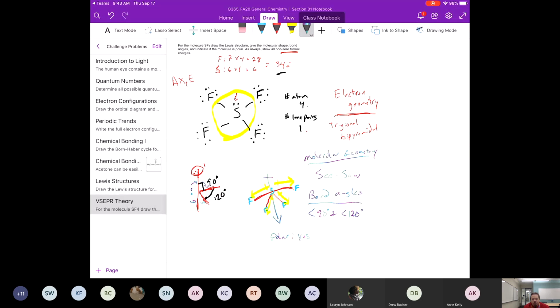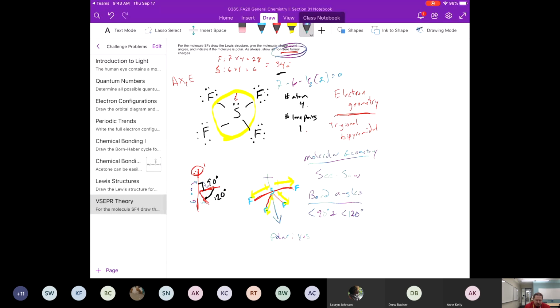The one thing that I didn't do, well, I did it, I just didn't do it for you, is if we look at the formal charges. If we look at the formal charges in this molecule, because fluorine has 7 valence electrons, there's 6 lone pairs, so 7 minus 6 minus 1/2 of the shared, which is 2, that equals 0.